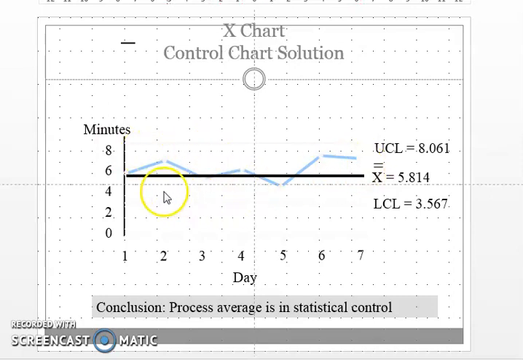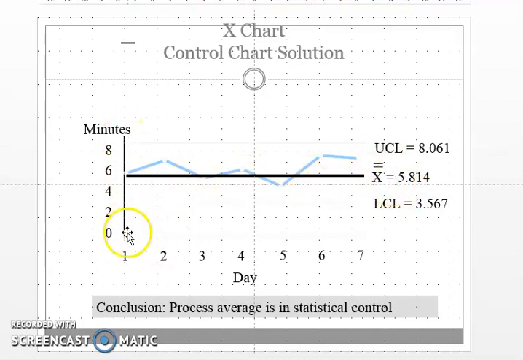Here, same as before, on the y axis the time is taken, and on the x axis are the days on which readings are taken, day 1, day 2, day 3. First, the grand average or X double bar horizontal line you have to draw.